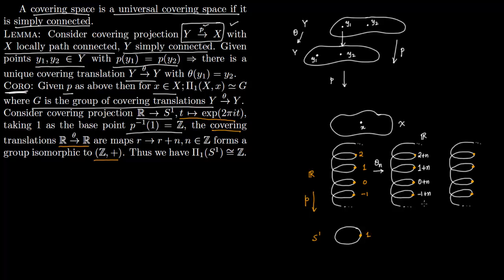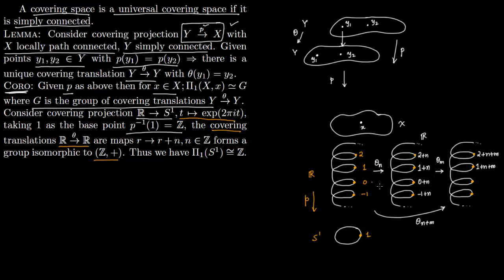Now from here you get another covering translation. You could add integers here, and this obviously forms a group. If you go by theta m, then you add m to it. So this becomes 2 plus n plus m, and this becomes 1 plus n plus m. Rather than going like this, you could have translated directly, which would be theta: you first add n and then you add m. Here n could be a positive or a negative integer.